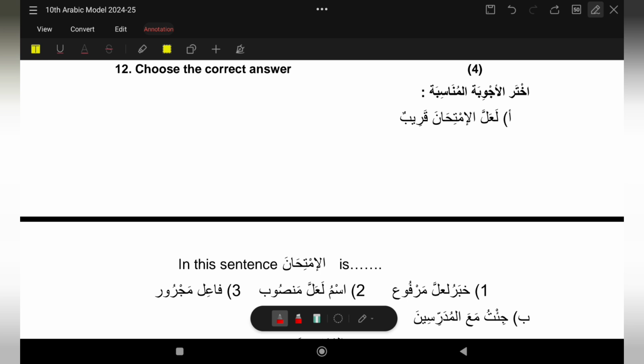Okay. So لعل الامتحان. امتحان is اسم لعل منصوب. This is the answer. خبر لعل is قريب. فاعل مجرور can never be the answer.